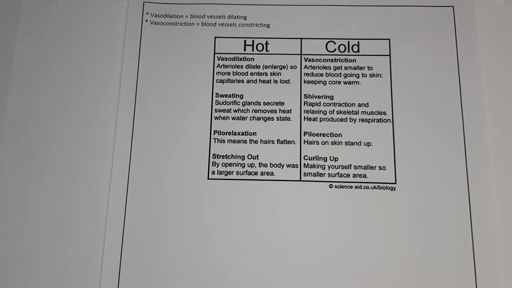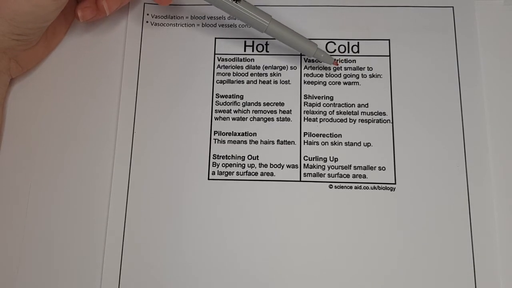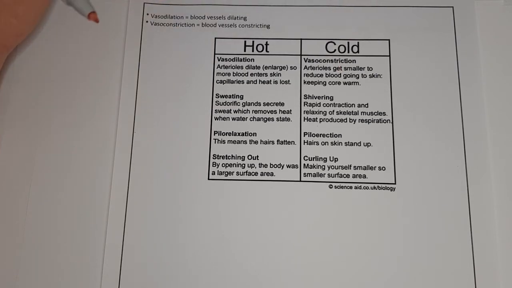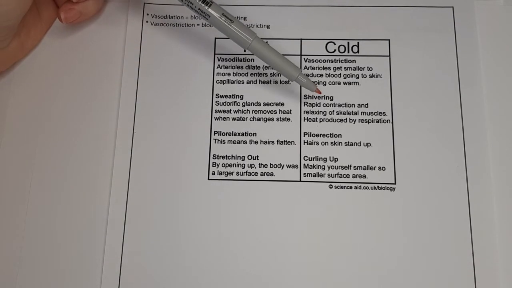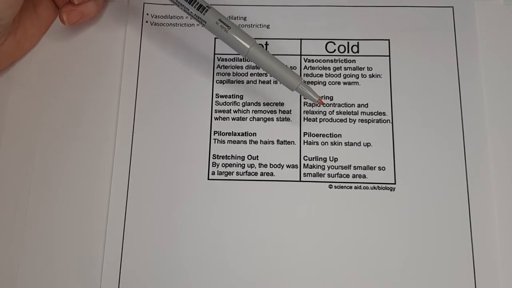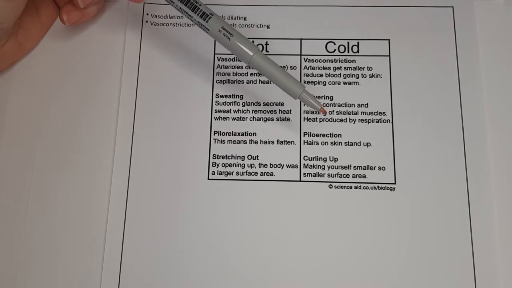Then if it's cold, we have the opposite. So we have vasoconstriction, where the arterioles and all the arteries are getting much smaller, so that we can reduce the amount of blood available towards the skin, so that we keep all that heat in the blood as opposed to getting it released. You also start to shiver, because the shivering and the movement of your muscles can generate heat because of respiration, because you're using up the energy to make those muscles move, and you release heat as a byproduct.